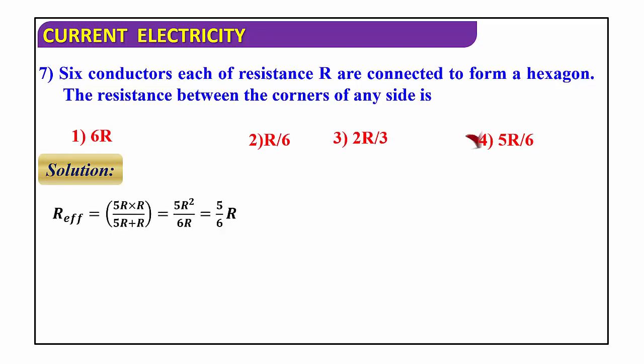Come to the solution. See here, totally there are 6 conductors. Observe here, this is the first conductor having resistance R. Let us consider this is the second resistor having resistance R. Then this is the third conductor having resistance R. Similarly, we have to draw totally 6 conductors like this.